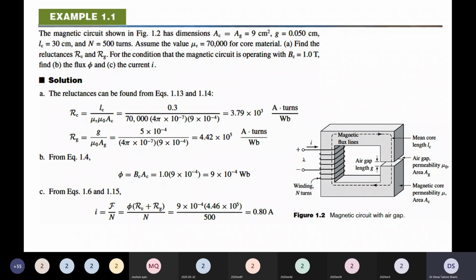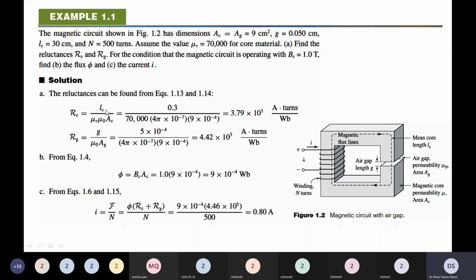Okay ji. So first of all, let us find the reluctance of the core and the reluctance of the gap. We can find them by using equations 1.13 and 1.14. Here we are using equation 1.13 to find the core reluctance and we place in the values.